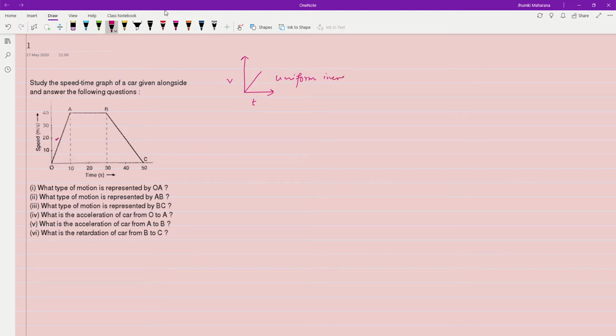Uniform increase in velocity. So whenever there is uniform increase in velocity of the body, then we have got acceleration to be constant. Okay, so in the first part, what type of motion is represented by OA? We can write constant acceleration.